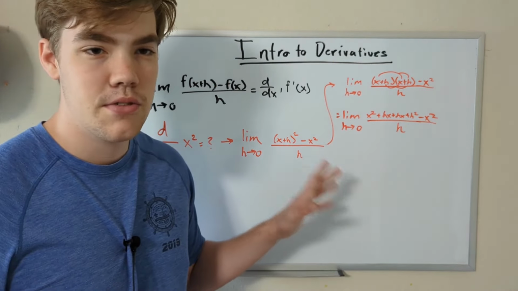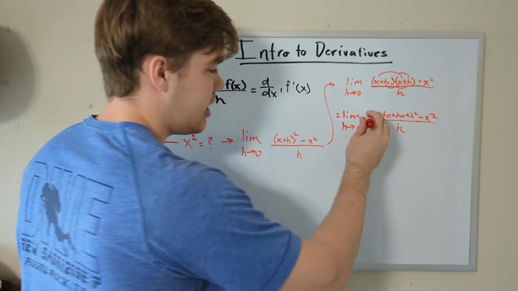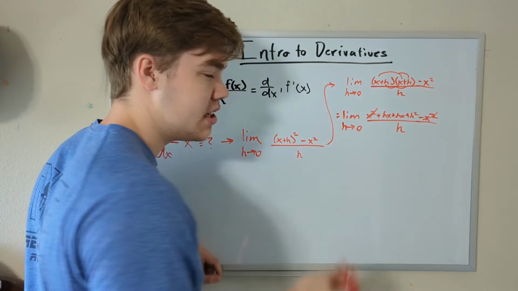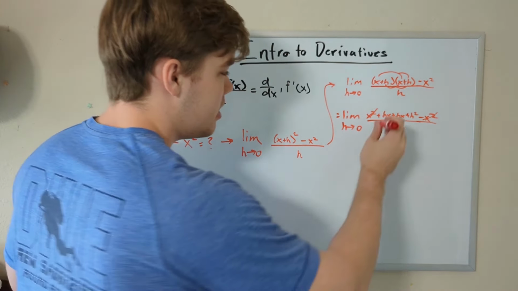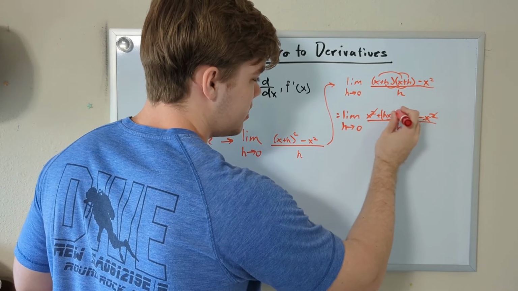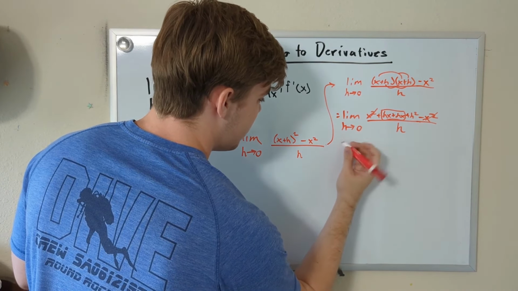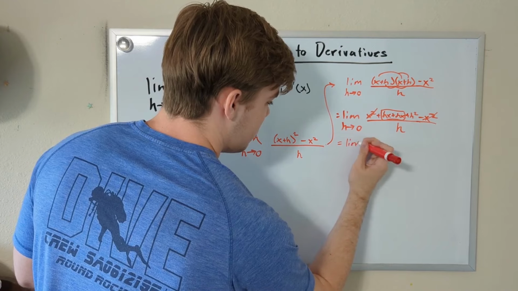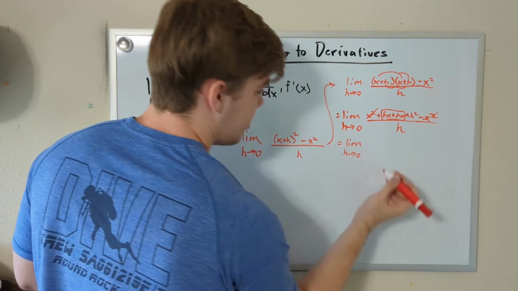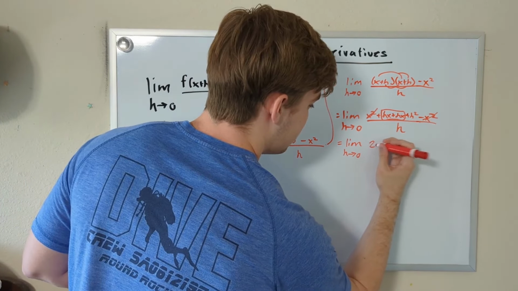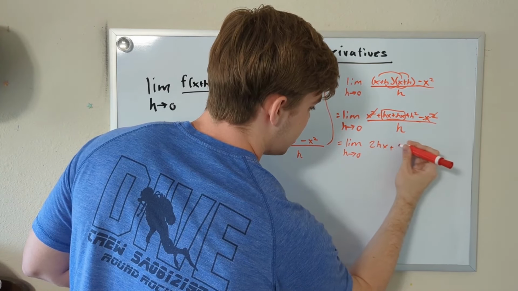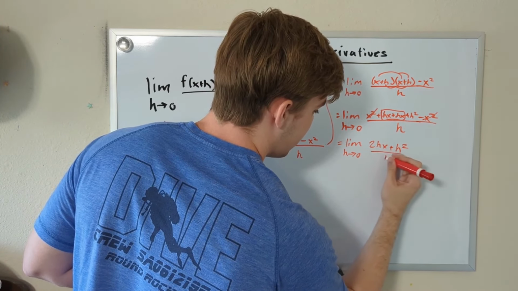You may notice that we have a few factors that we can combine. First of all, x squared minus x squared is just 0, so we can cancel those out. And hx plus hx can be combined to be 2hx. So this equation is now the limit as h approaches 0 of 2hx plus h squared divided by h.